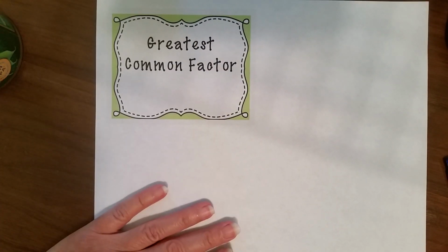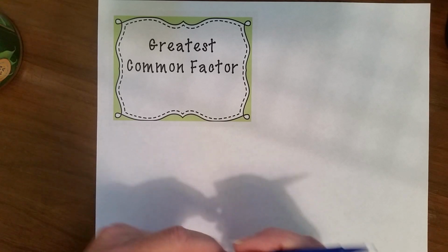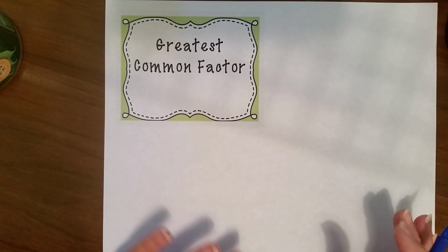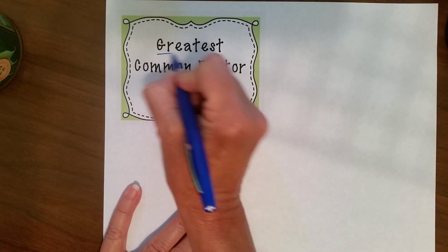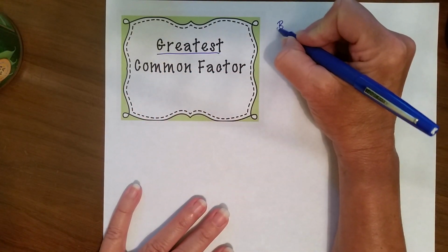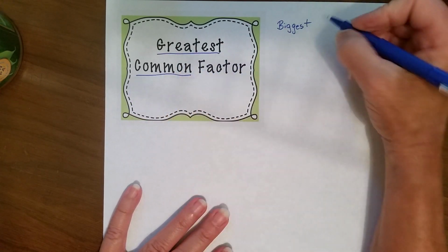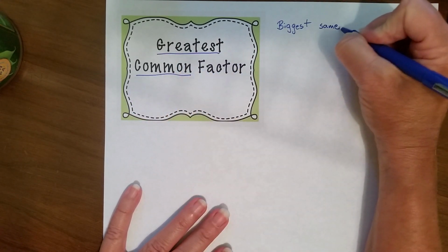The greatest common factor. I don't even like to use the acronym GCF, although math people use it all the time in textbooks. But let's just break this down. Greatest means biggest. Common means the same.